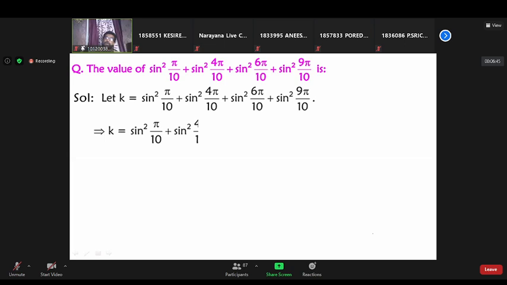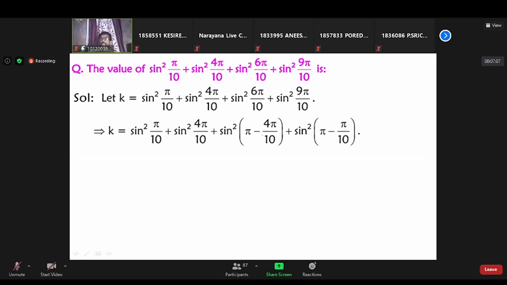Now, first two, there is no change. I am writing 6 pi by 10 as pi minus 4 pi by 10, and 9 pi by 10 as pi minus pi by 10.